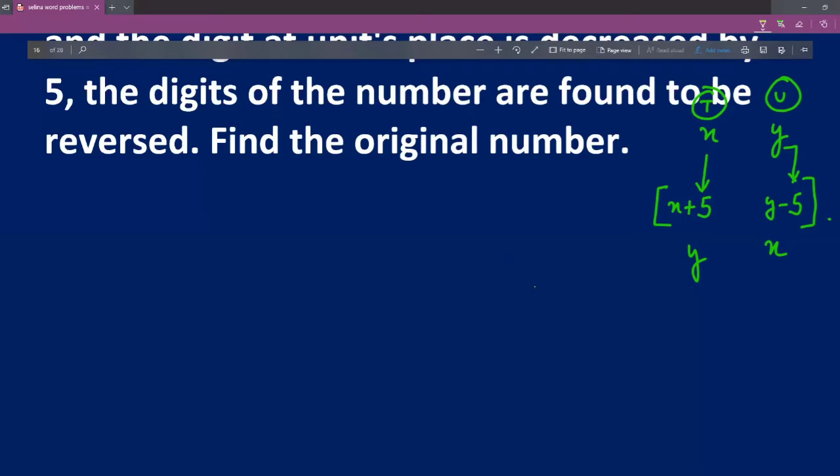So my new number is x plus 5, y minus 5, but this number is actually equivalent to the number formed by reversing the digits of xy. That means that this number and this number, both of them are equal.